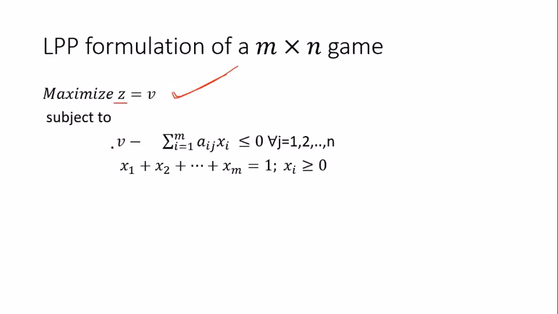Subject to, these are the additional constraints, n constraints. These will be n in number. I've written them in a combined form, but if you elaborate them, it will give you n constraints. And don't forget the default constraint, which is that the sum of all xi's should be 1, and non-negativity. So that's it. This is the LPP formulation of player A.